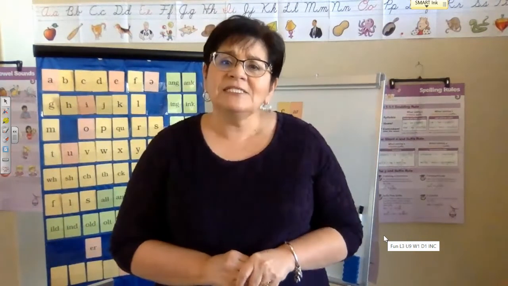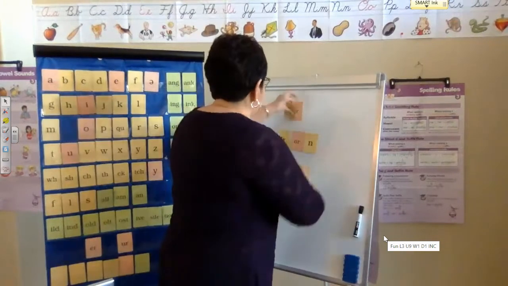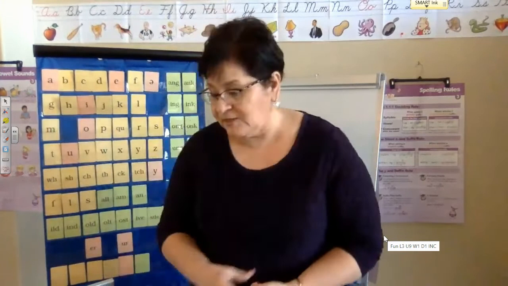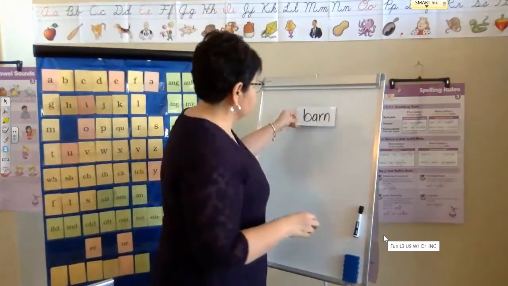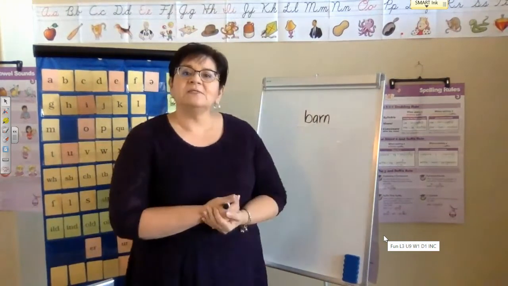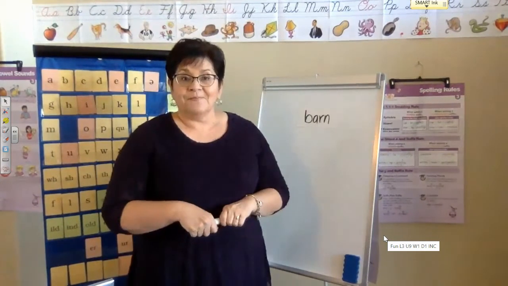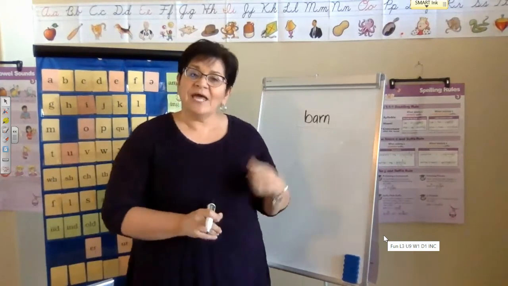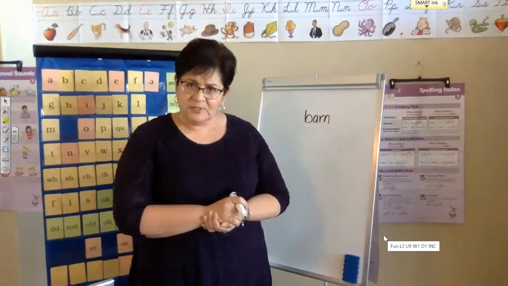Now let's talk about how we're going to mark up this syllable type. Let me put a word up here and have a word already on a syllable frame for you. Let's take a look at this word. What kind of syllable is this? If you said R-controlled, you are right. So how do we mark up an R-controlled syllable? Do you remember that? Whisper it to me.